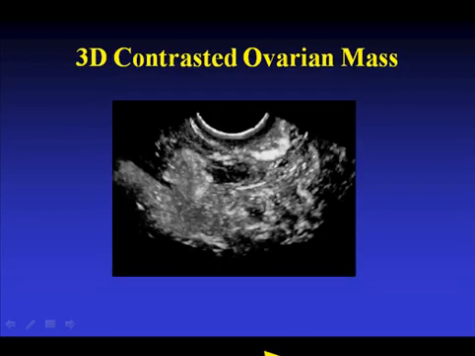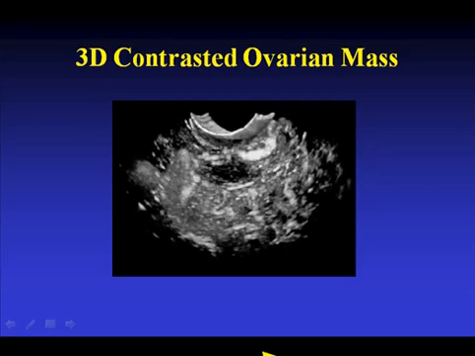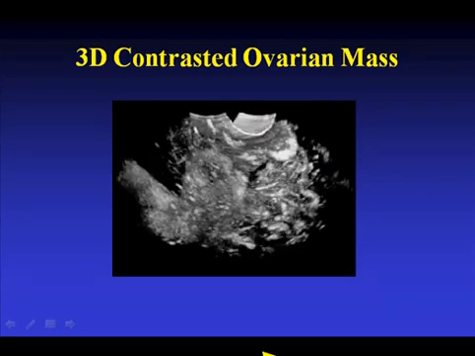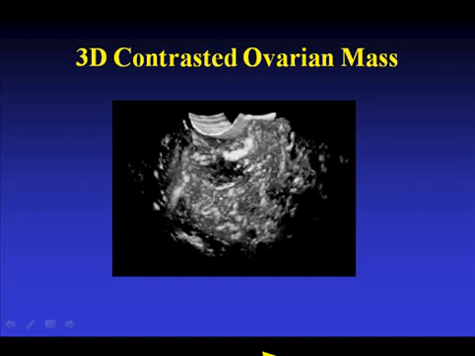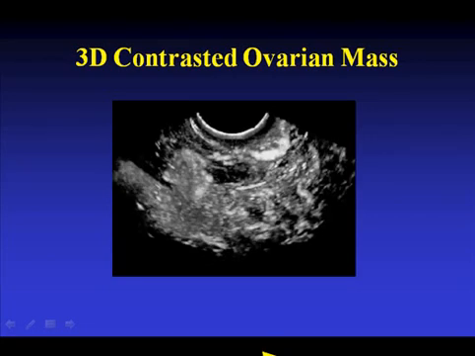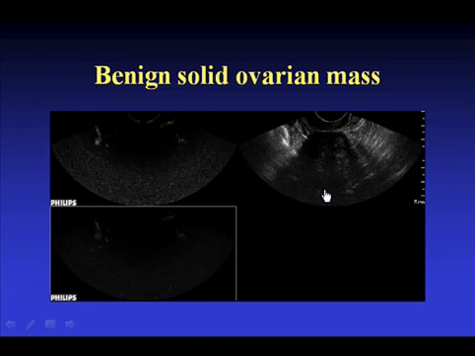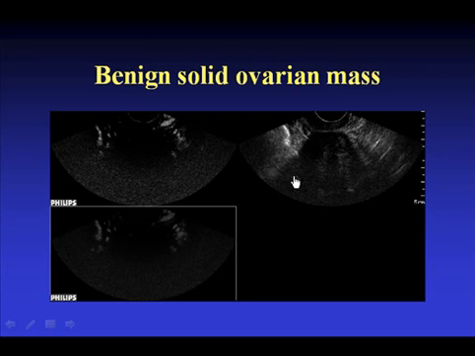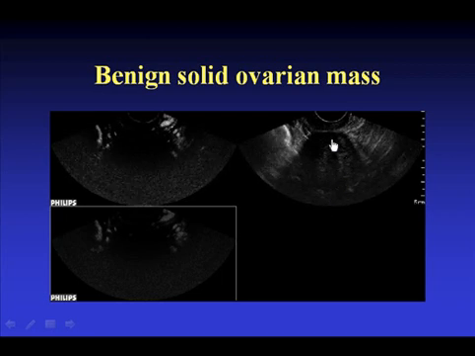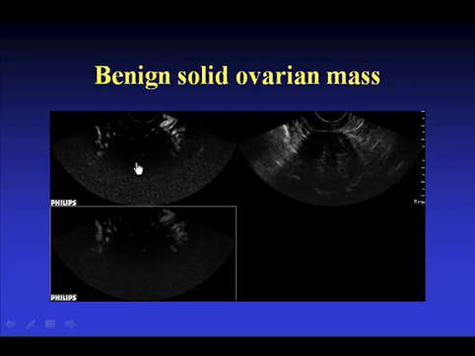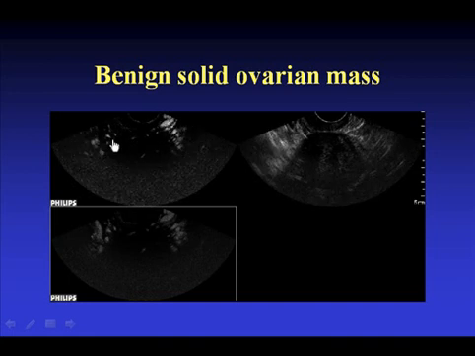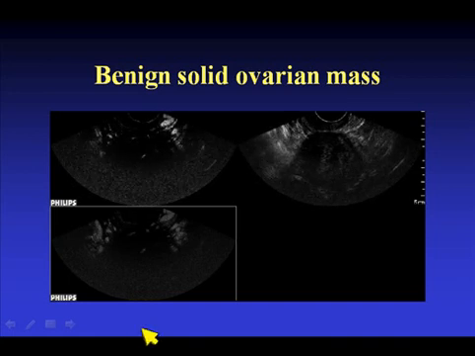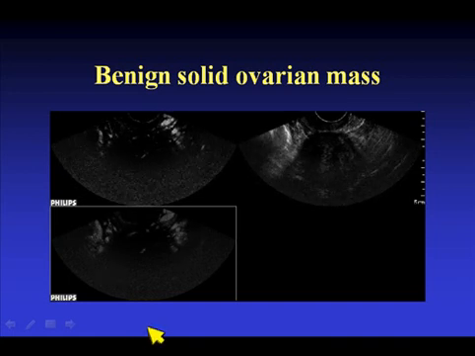Contrast that, this is the 3D of this paraovarian cyst with some vessels, and contrast that with this cancer that I'll show you now. This is a benign lesion. This is a solid lesion that was suspect for cancer, but as you can see here with the contrast, we see very little, if any, blood flow in the center of this lesion.